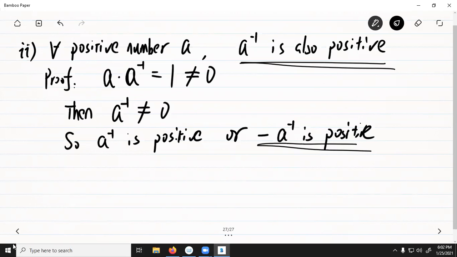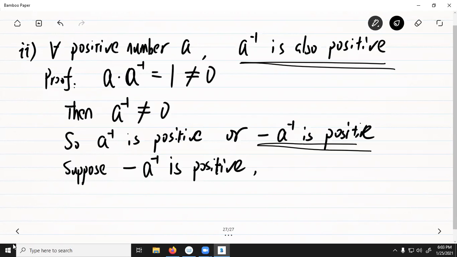Okay, we only have two choices for A to the negative 1. If we can exclude one choice, the other one must be true. So suppose negative A inverse is positive. Let's see if we have some contradiction.